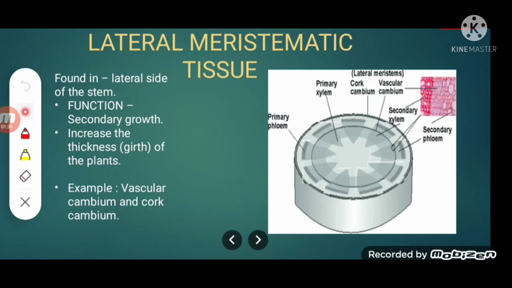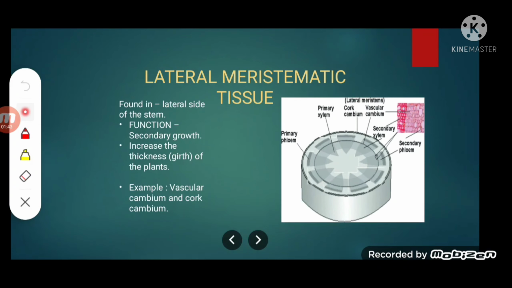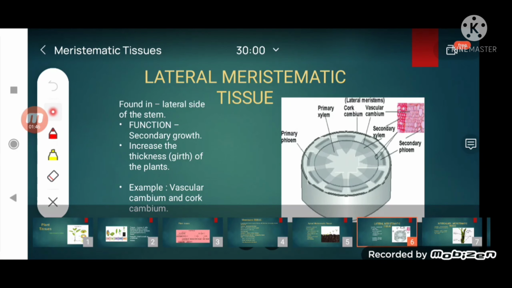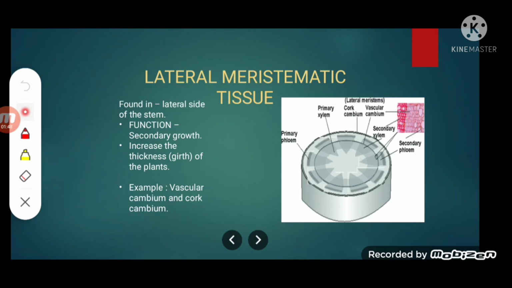The examples are vascular cambium, which is located between xylem and phloem, and one layer just below the bark, that is cork cambium. The layer just beneath the bark is called cork cambium. Again, their function is to increase the thickness of the plant.